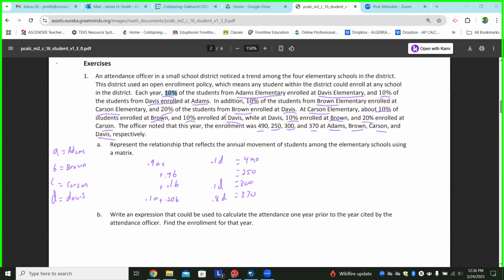What do y'all got here? This is vocabulary here. So at Carson, okay, what you get? So it says Carson Elementary, about 10% of the students enrolled at Brown and 10% enrolled at Davis, while at Davis, 10% enrolled at Brown and 20% enrolled at Carson.